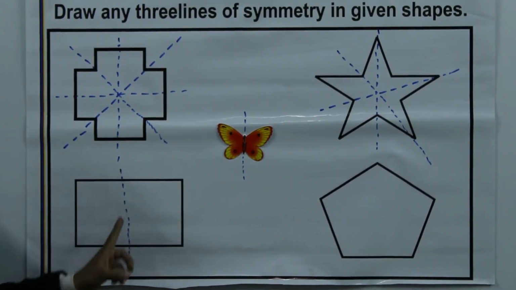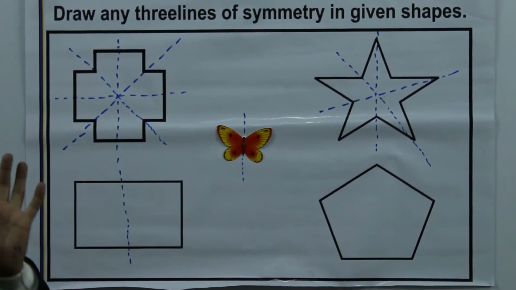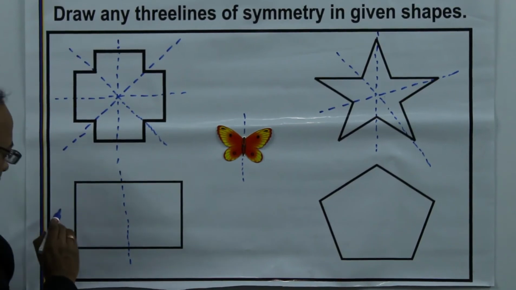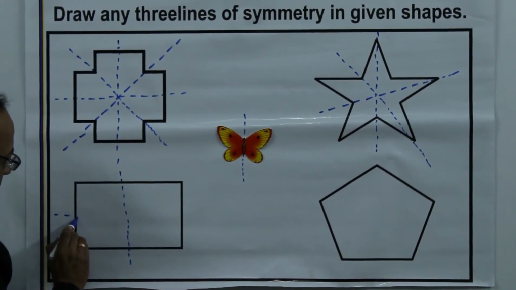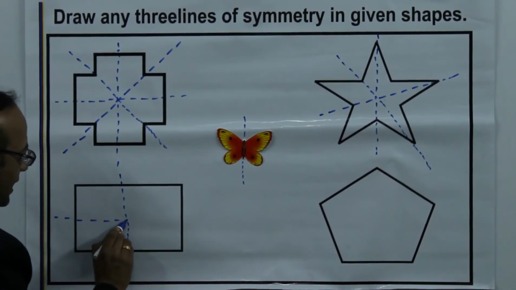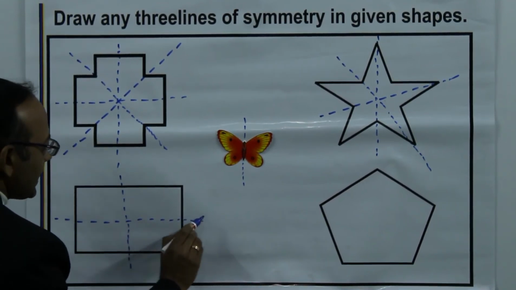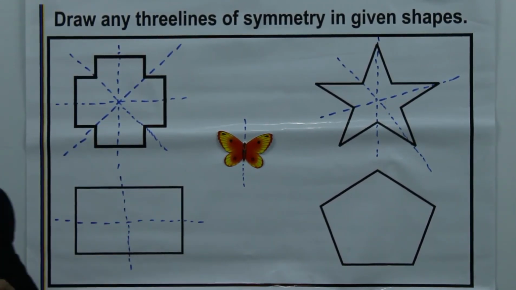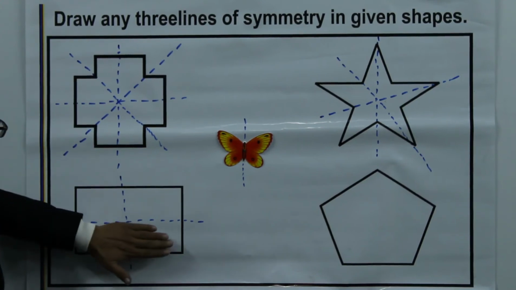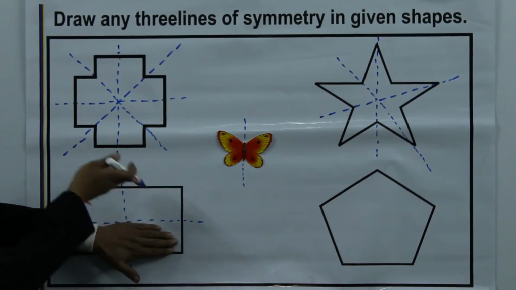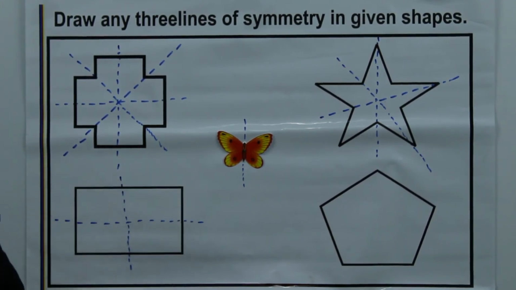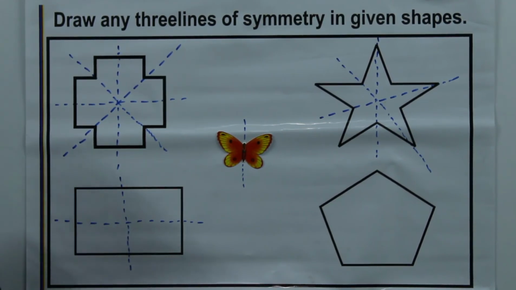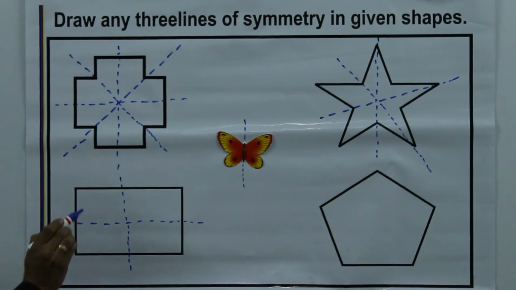So this line is called a line of symmetry. Again, we can draw a line of symmetry. This line is also a line of symmetry because this line divides the figure into two equal parts. Again, one and two lines. We can draw the next line of symmetry.